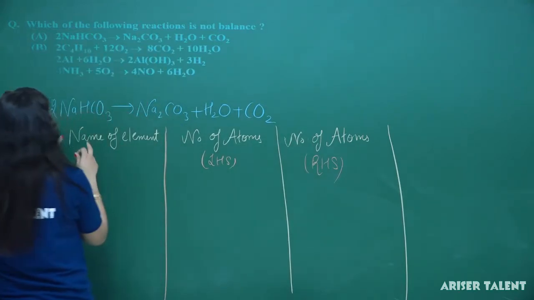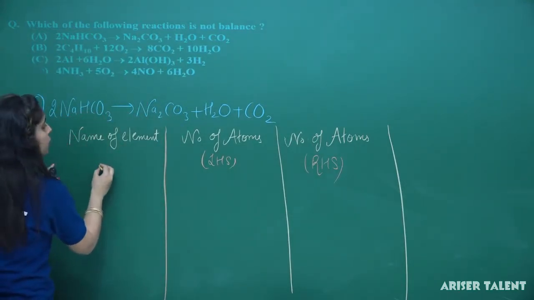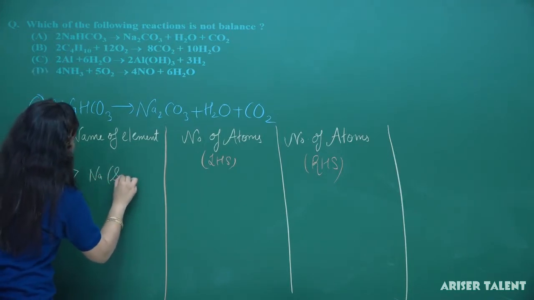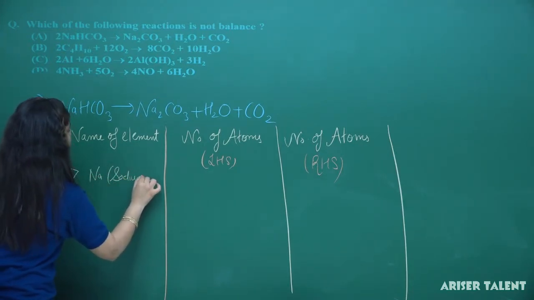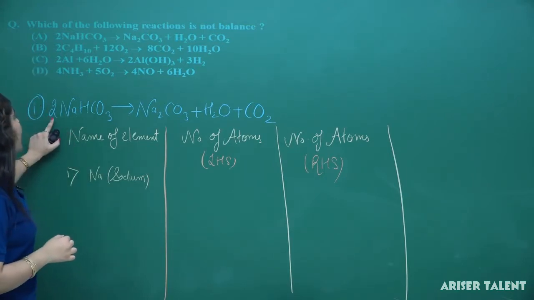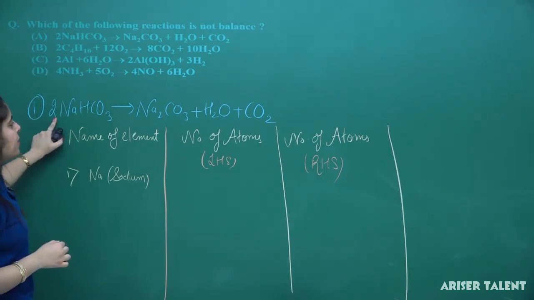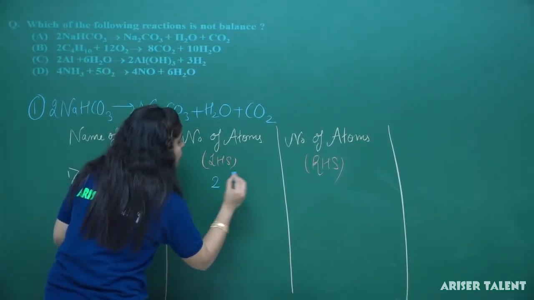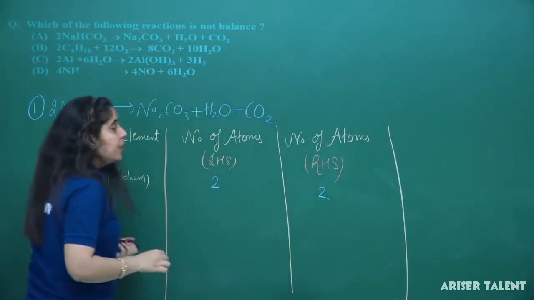Now we have sodium equal to 2 and in RHS again we have 2. So here the name of the element is sodium, Na. 2 atoms of sodium in the left hand side of the equation and 2 atoms in the right hand side. So we can write 2 here and 2 here.